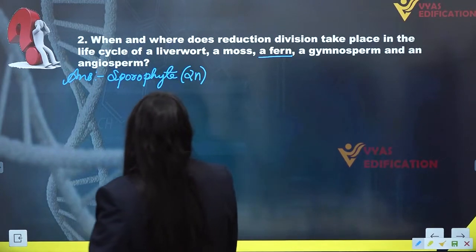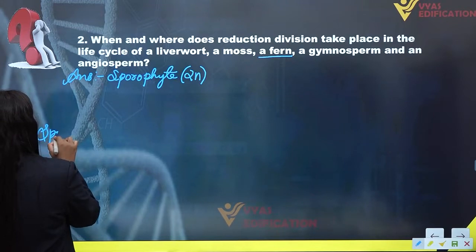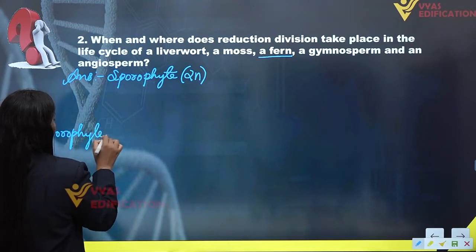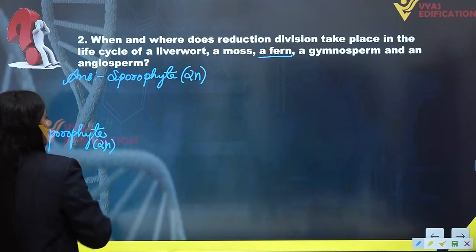Now in the life cycle of a fern, what happens? This is sporophyte, 2n.